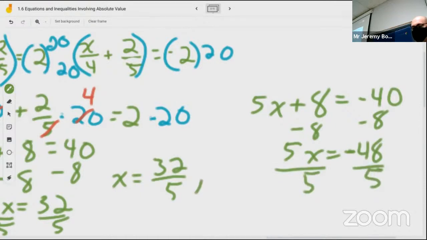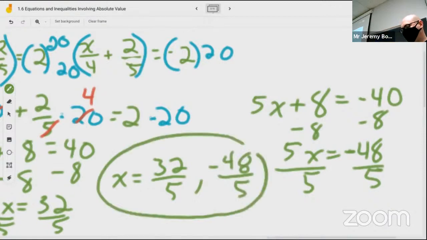And so x is going to equal negative 48 over 5. Any questions on that? Questions here?